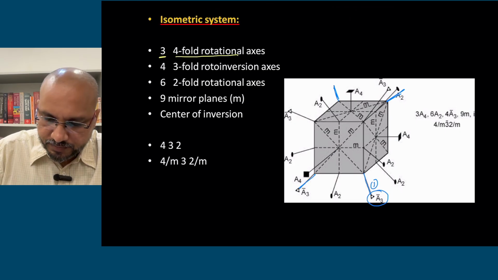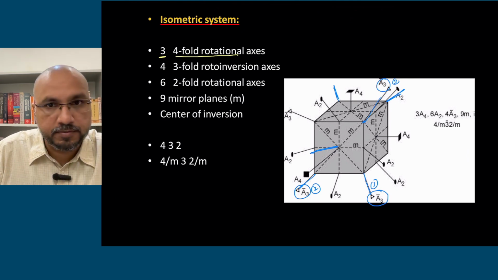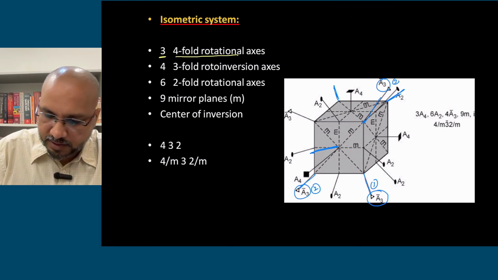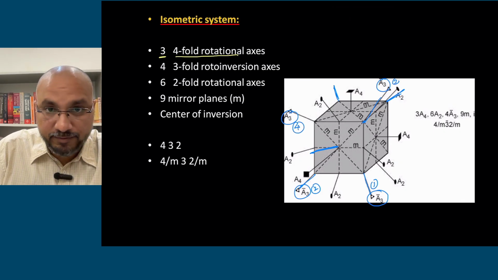Okay. And the roto inversion axis, three-fold roto inversion axis, and the third one is here. So it is passing from this top corner to that bottom corner. Okay, third one, and the fourth one for three-fold roto inversion axis is passing from this top corner to this bottom corner.